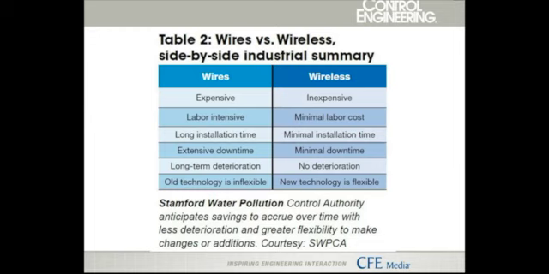So finally, just to do a quick comparison between wires and wireless, we've established that wiring is very expensive as compared to wireless. Wireless is a very inexpensive option to low voltage wiring. Wiring is very labor intensive.